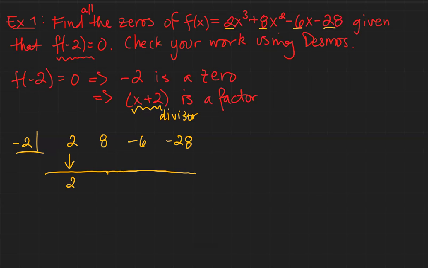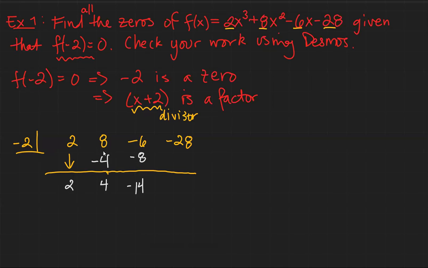So 2. -2 times 2, that's -4. 8 plus -4, that's 4. -2 times 4 is -8. -6 plus -8 is -14.